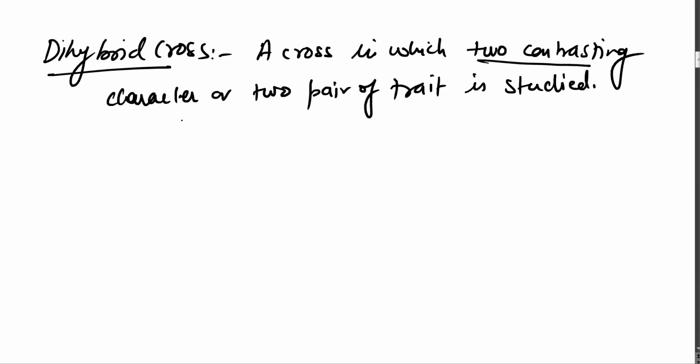Like in Mendel's dihybrid cross, Mendel took yellow color seeds along with their shape, round and wrinkled.